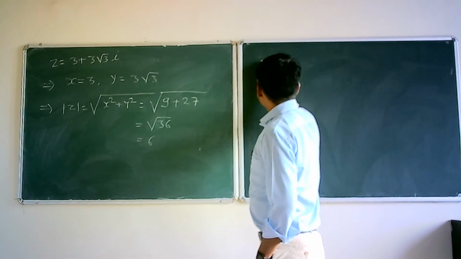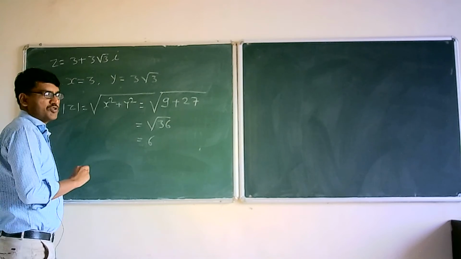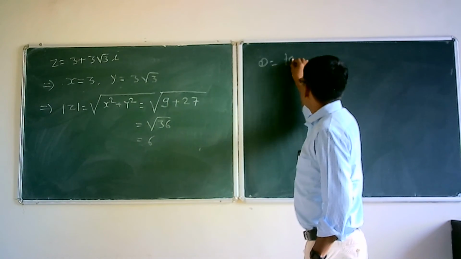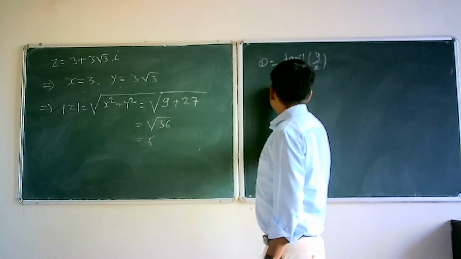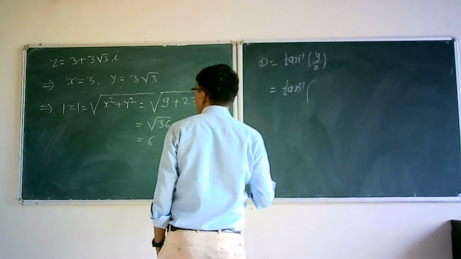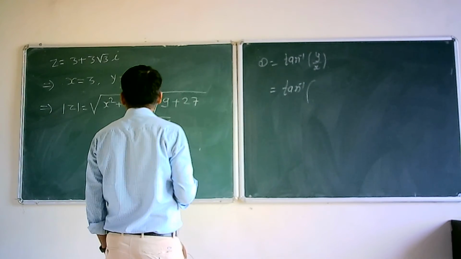This is the modulus of z. Now if you observe here, our x is positive, y is positive. So what is the argument here? Theta is equal to tan inverse y by x. Since this complex number lies in the first quadrant, it is tan inverse y by x.